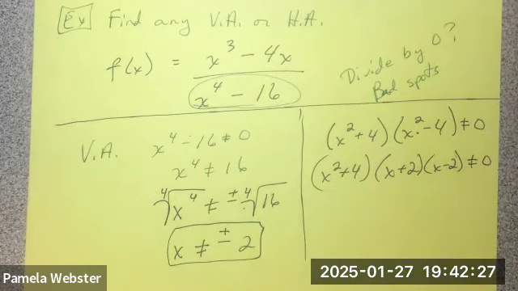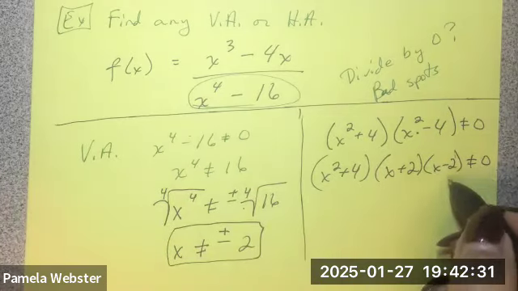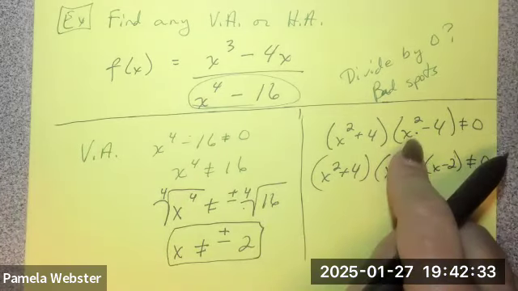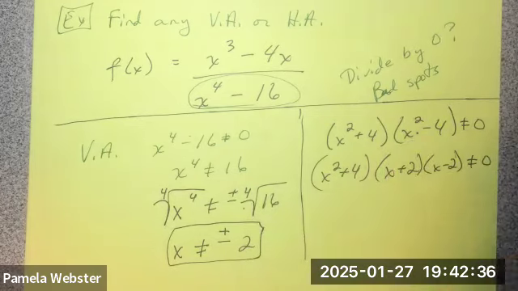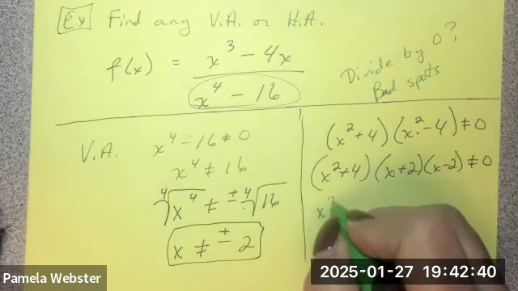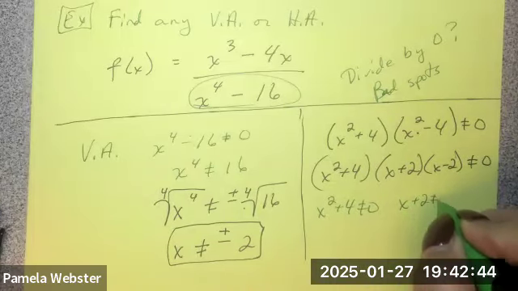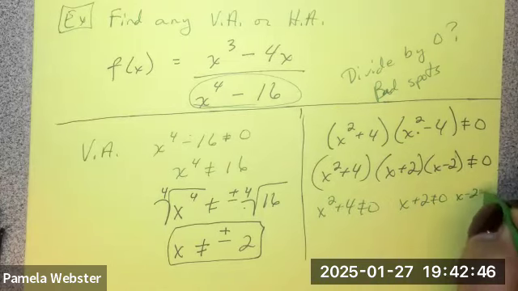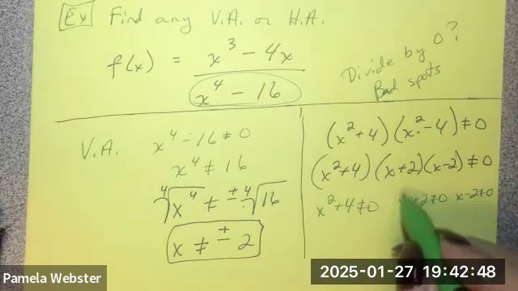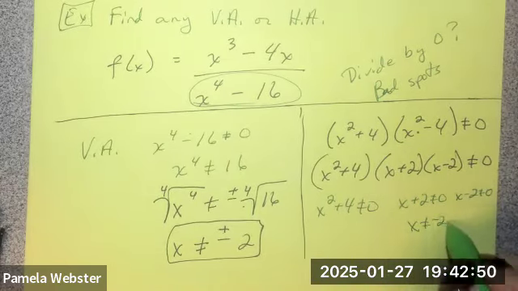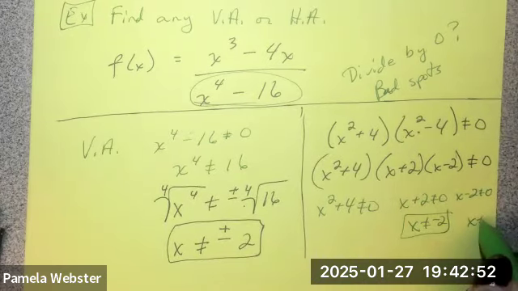So again, if you need to go look at factoring, go look at factoring. Make sure you can do this, and you should be able to factor that pretty quickly, just like I did. And then you say, well, none of these can equal 0. x plus 2 can't be 0. x minus 2 can't be 0. So x can't be negative 2. x can't be 2. That's what we got, right?